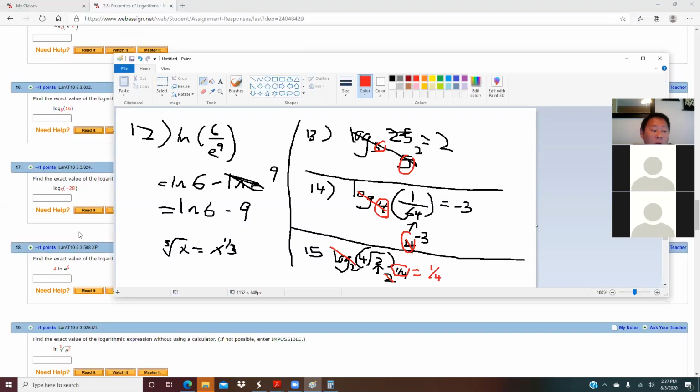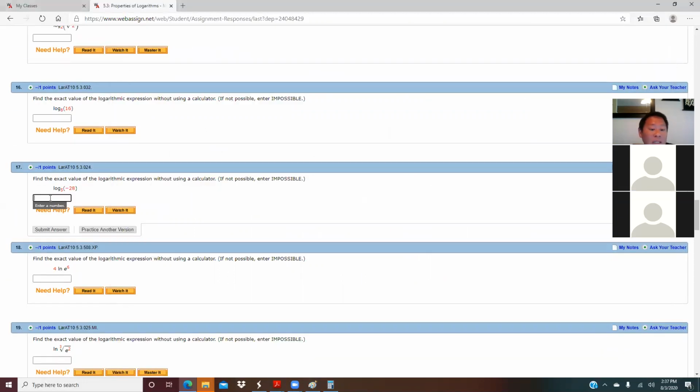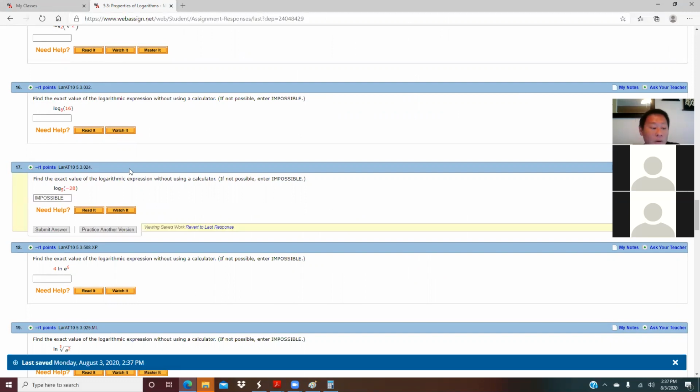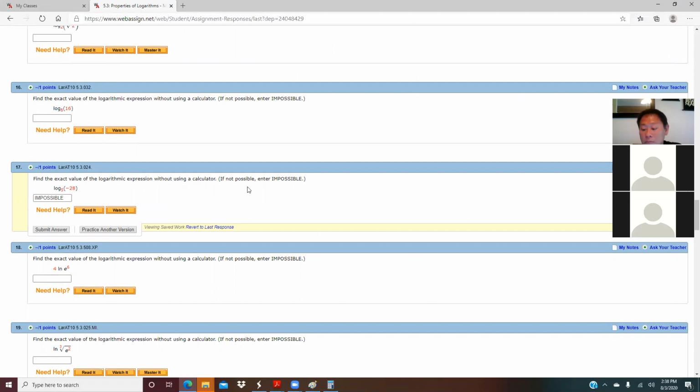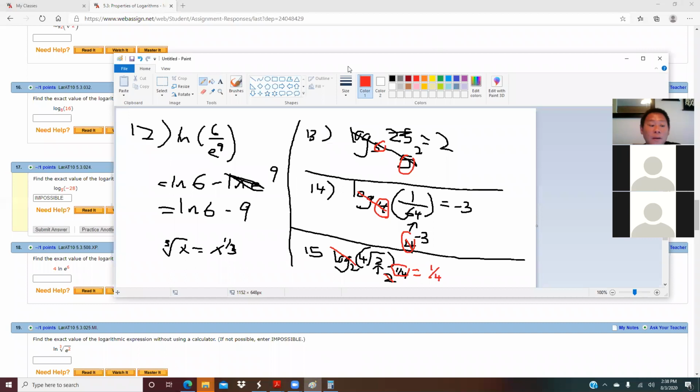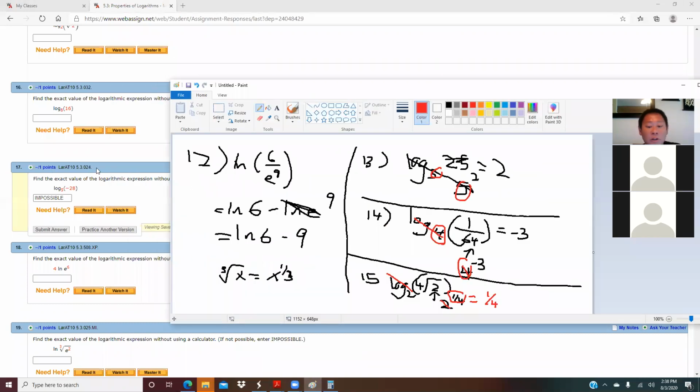Okay, I can tell you if you want to do question number 17, your answer is impossible. Why is your answer impossible for 17? Anyone remember? You do not need a calculator to do it. Yes, no negative, so with log, you cannot have negative here.